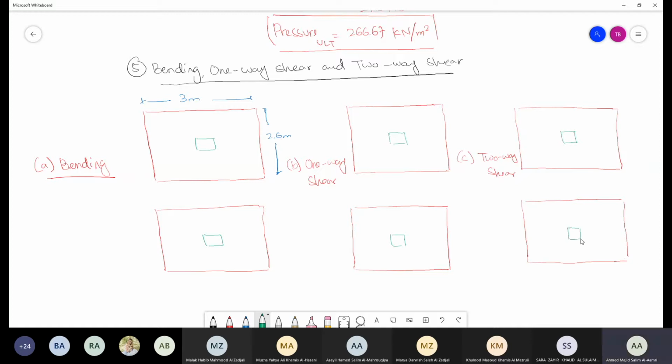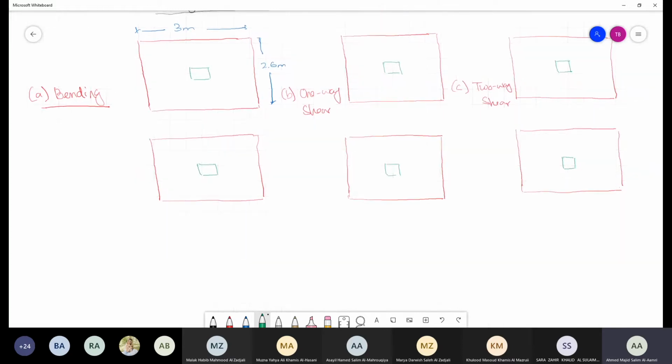Now we know that when it comes to bending, the maximum bending moment occurs, if we draw the bending moment diagram, at the face of the column. Okay, this is in the first direction. The same goes in the other direction.